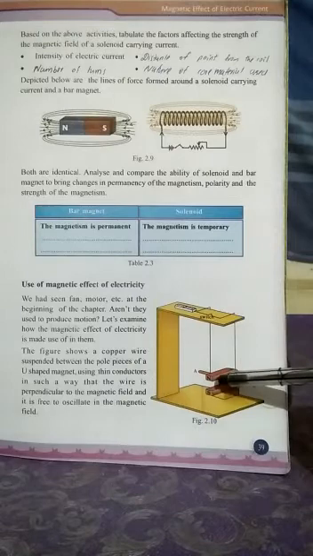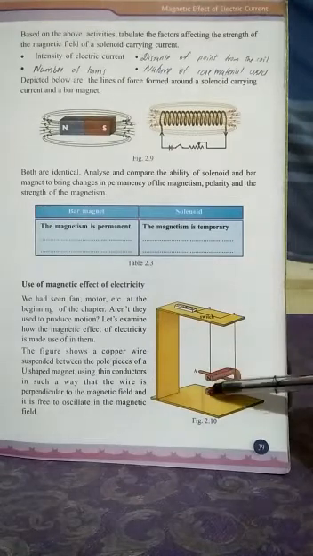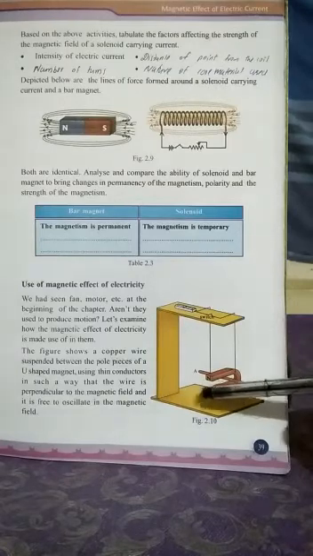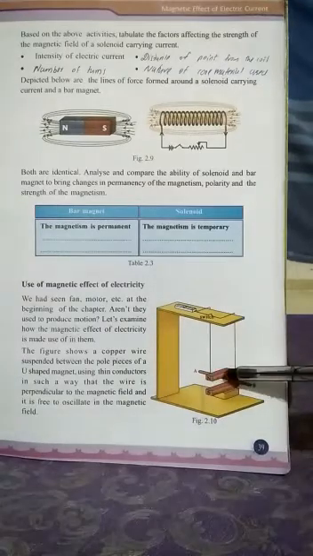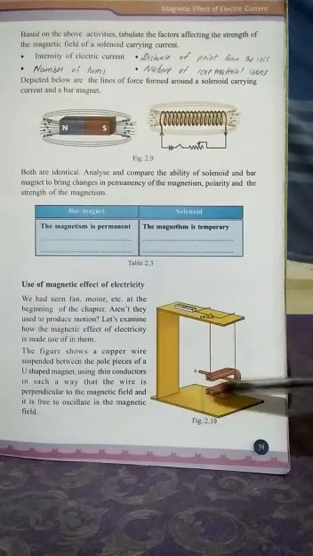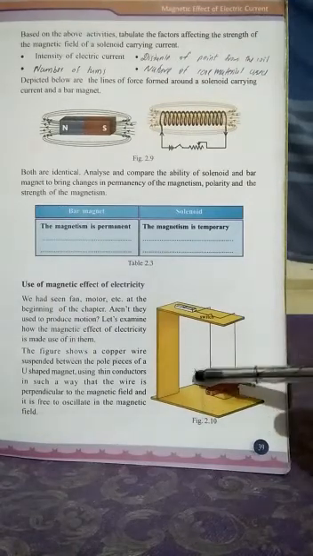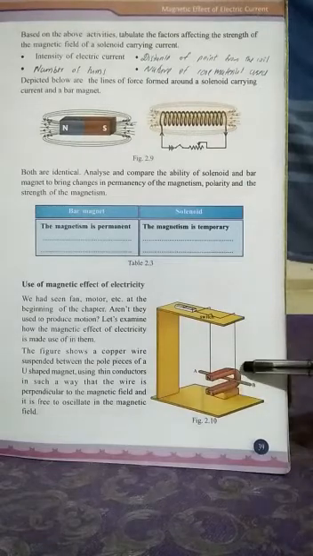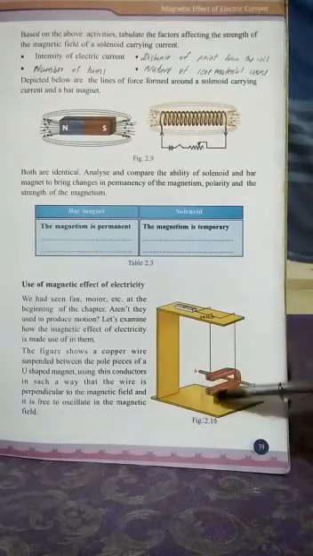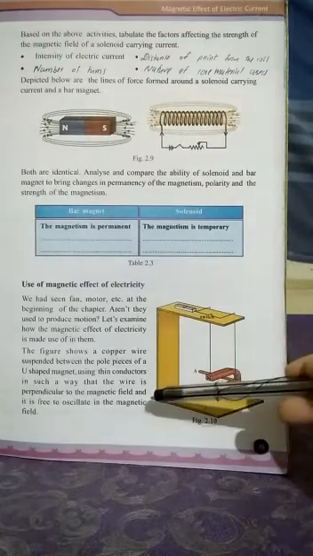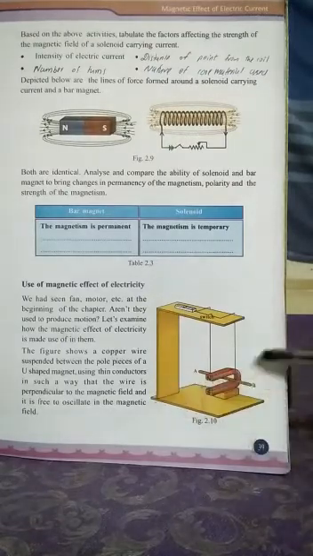And if we interchange the magnetic poles, north down and south up, then in the first case, if the conductor moves inward, the rod will move in the opposite direction, outward.